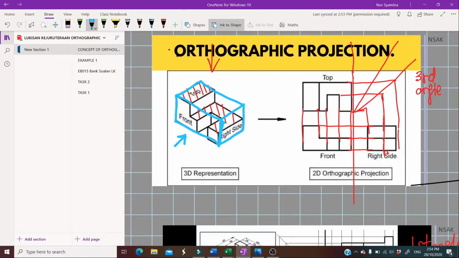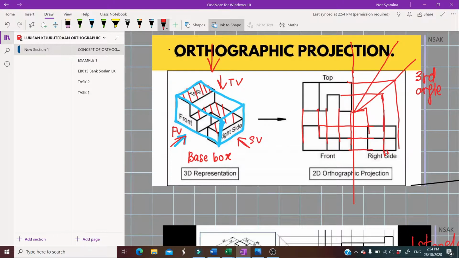This is what we call the base box. Now what is a base box? It's a box where we imagine all our objects stay inside the base box, and this would be easier for us to draw each projection: top view, front view or side view.